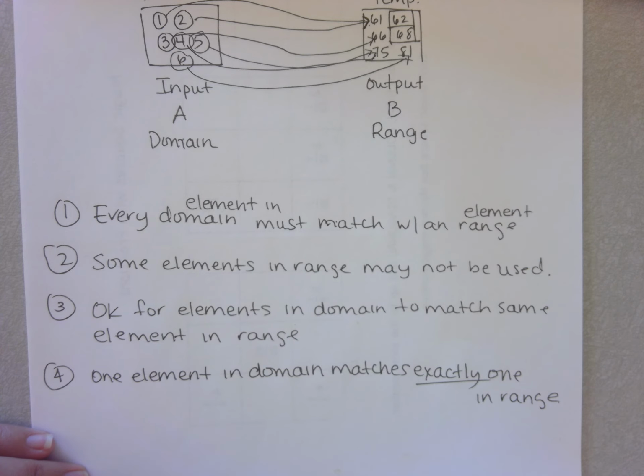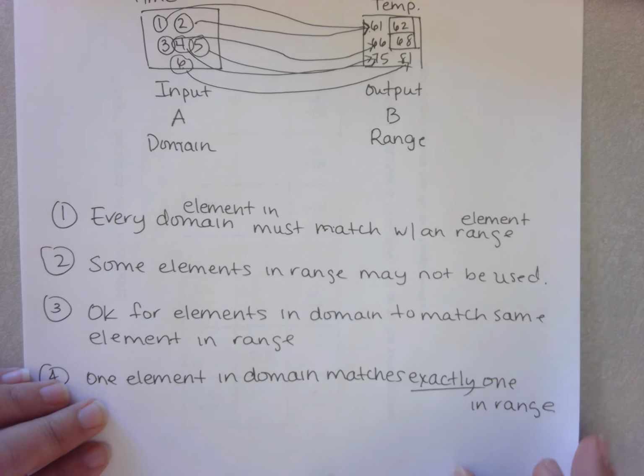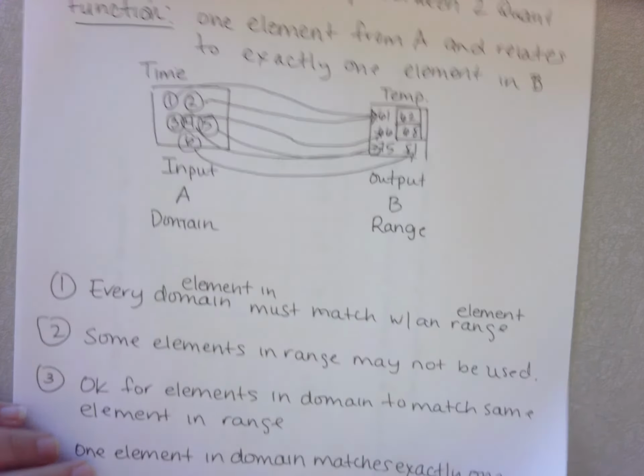It's okay for elements in the domain to match the same element in the range. They can all be the same, in fact. And one element in the domain can only match with exactly one element in the range. Okay. So let's look at ways to represent a function.